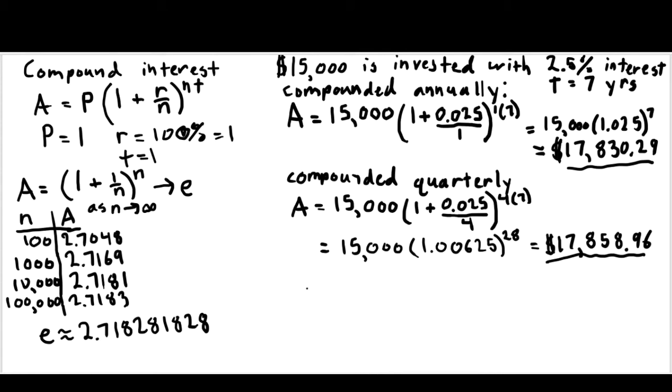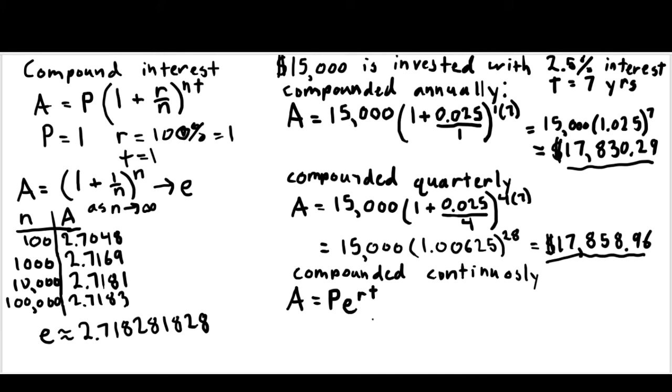So in the context of compound interest, we could introduce another version of this, which is compounded continuously. If interest is compounded continuously, then the formula is A equals P e to the rt.